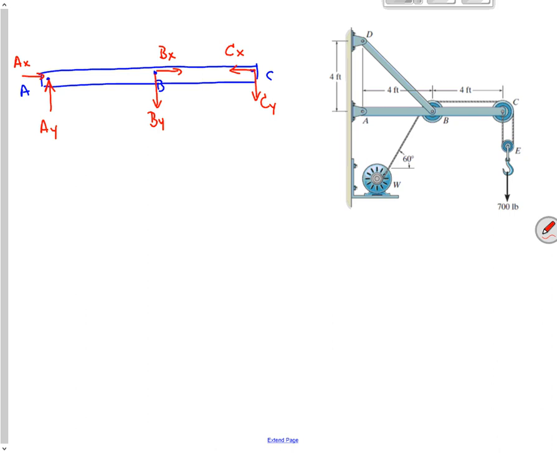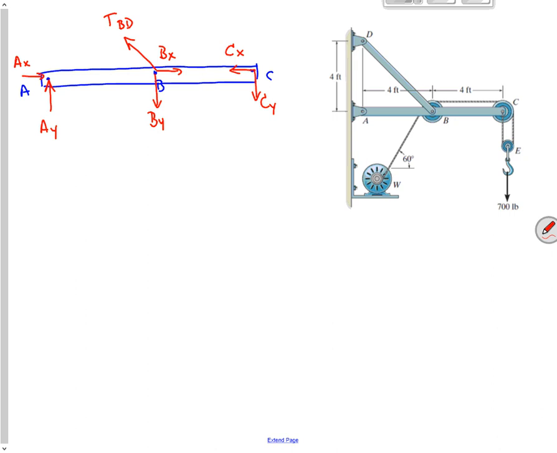Also at B, I've got a force due to that member there, which points along that direction, because BD is a two-force member. The only forces applied to it are at the pins, so it's just a two-force member.